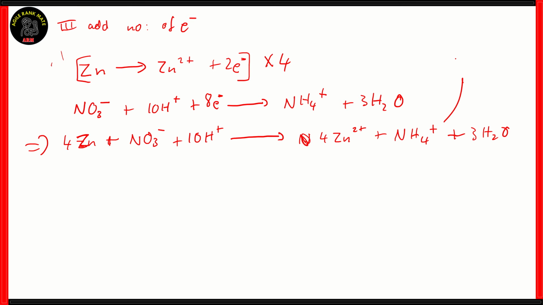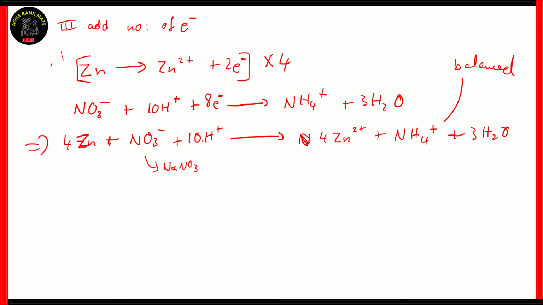This equation is balanced in terms of ions. So the NO3 minus ion can come from any source. We can take NaNO3 as a source here, because sodium has a +1 charge and NO3 has a charge of -1.